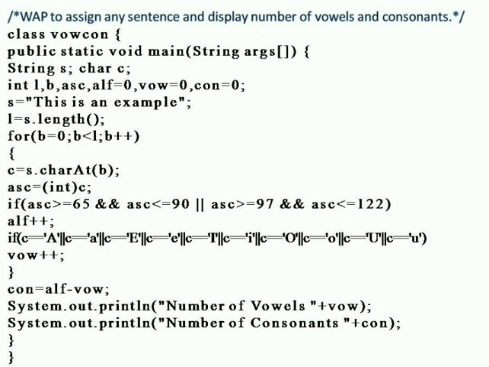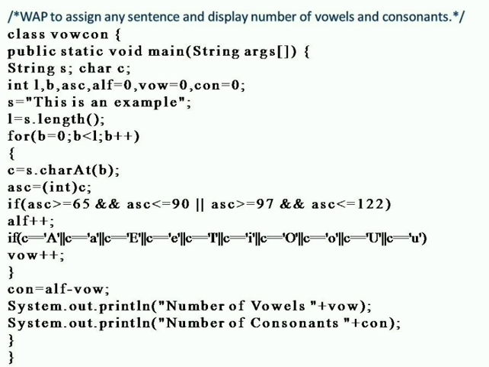Next line, if C equal to capital A or C equal to small a or C equal to capital E or C equal to small e or C equal to capital I or C equal to small i or C equal to capital O or C equal to small o or C equal to capital U or C equal to small u.